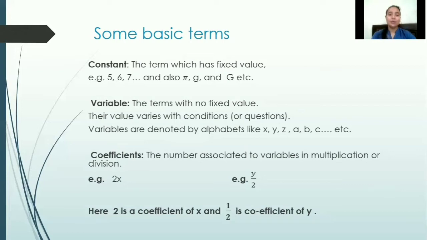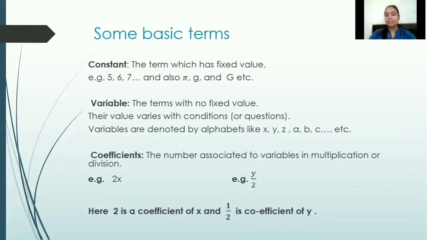Now, variable. The terms with no fixed value, meaning the terms which change their values with conditions or your problems, your questions. So in one question, x equals 5 you can get. In another question, you can get x equals any other number like 10, 15 or anything.